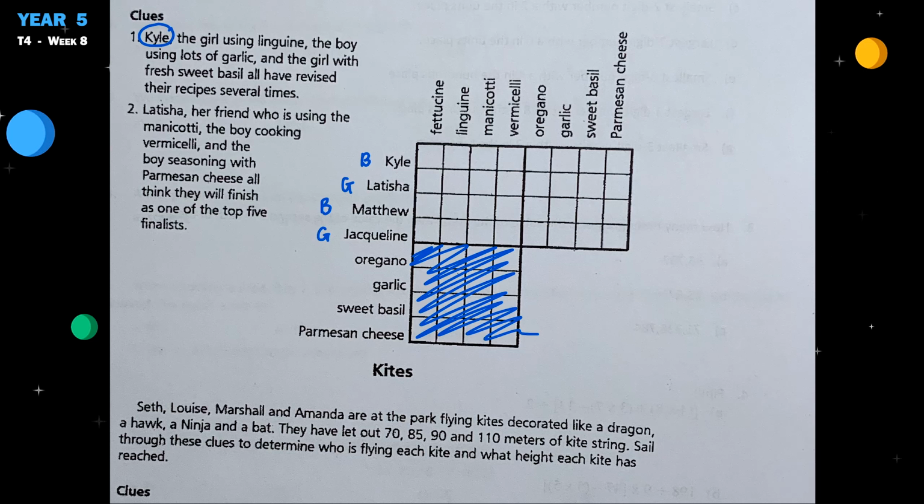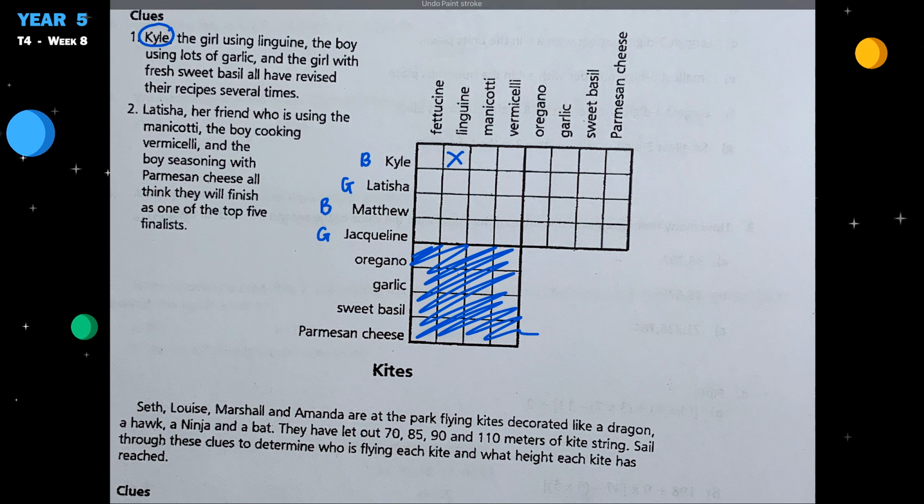So Kyle cannot be the one using linguine. Where's linguine? Here. So we can put a cross on Kyle and linguine, because he's not the one using linguine, it's another person, the girl. And then it says the boy using lots of garlic. So Kyle cannot be the boy using lots of garlic. Therefore Kyle cannot have garlic.